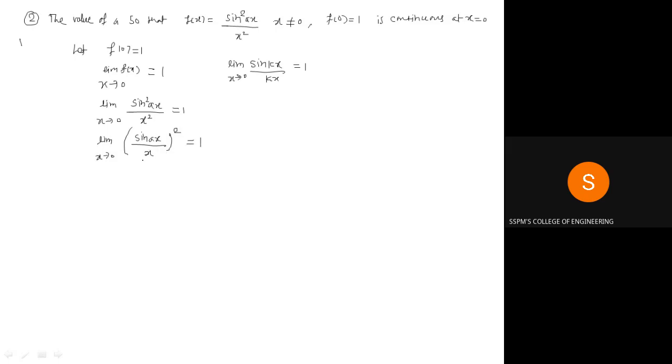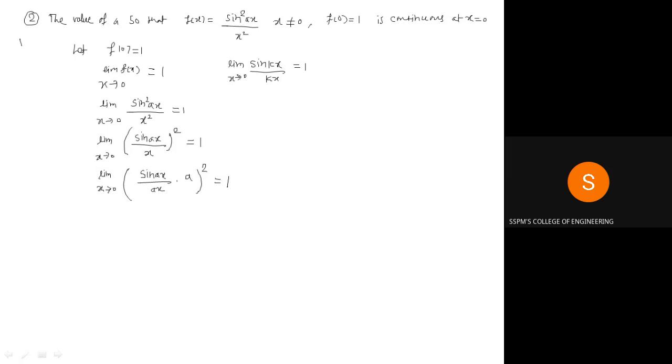So what do we actually want? In place of the denominator, we want a x. So a should be there. And how do we get it? By multiplying and dividing throughout by a. So the limit as x tends to 0 of sin ax upon ax into a, whole square, is equal to 1.